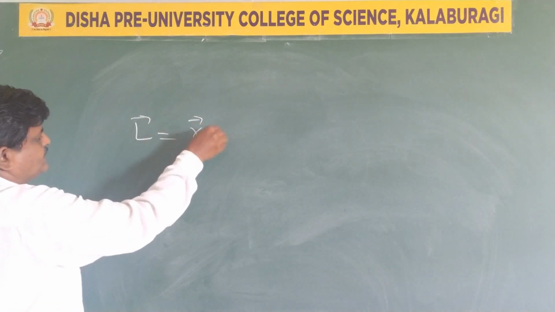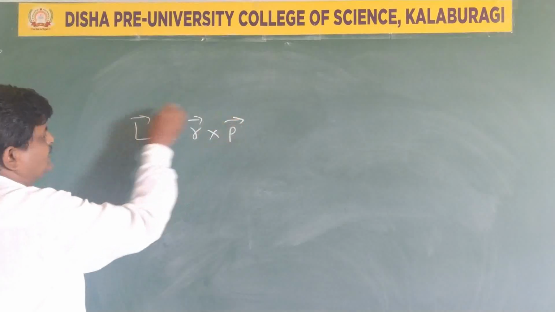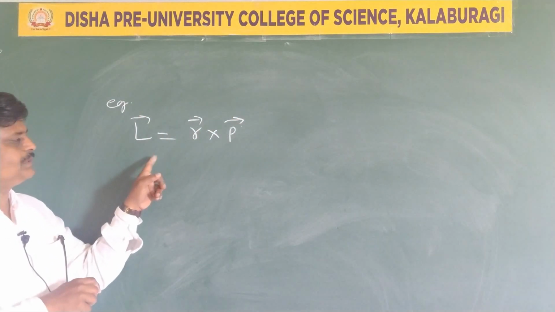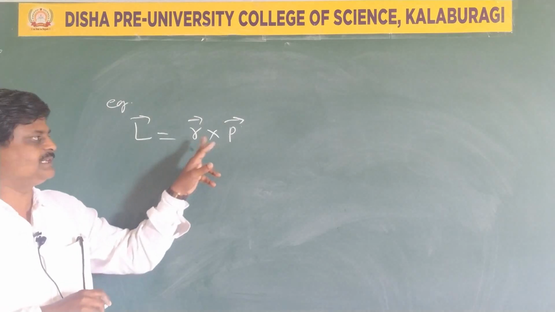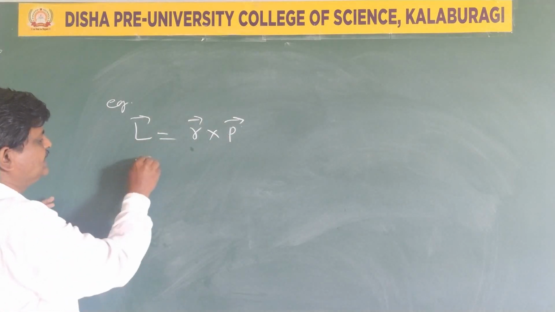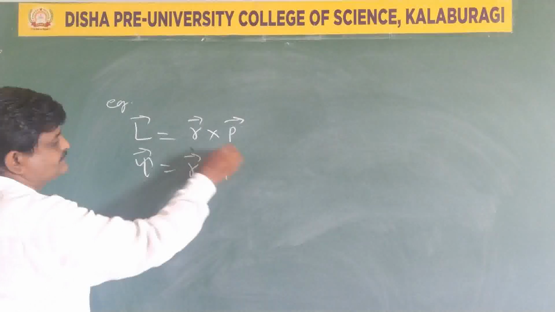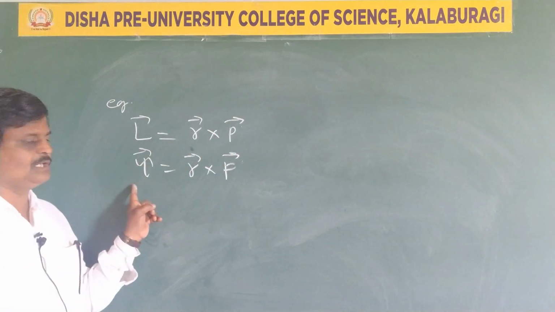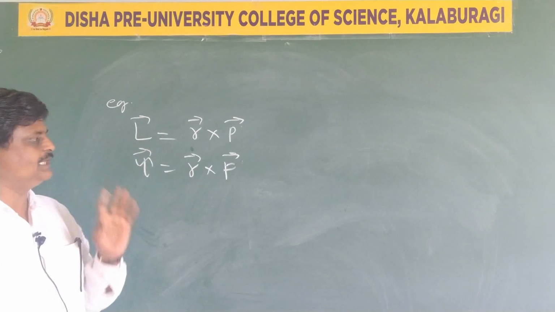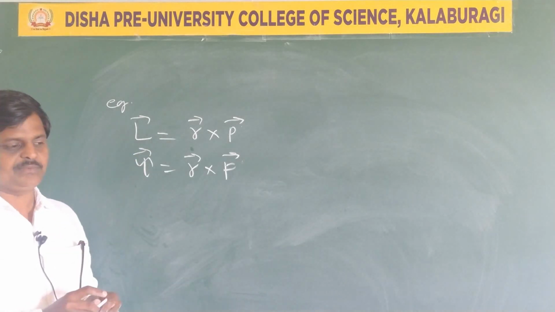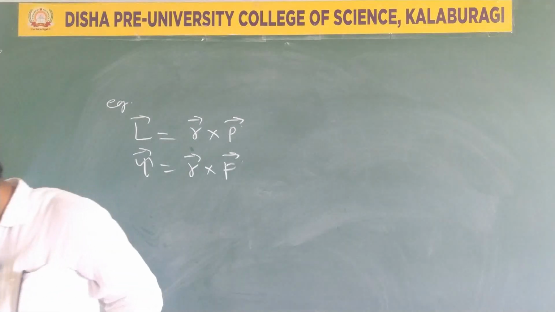It is a cross product of position vector and linear momentum. Angular momentum is a cross product of position vector and linear momentum, and the torque also, position vector and force. Okay, so this is how you can give an example of the case that the cross product of two vectors is a vector.